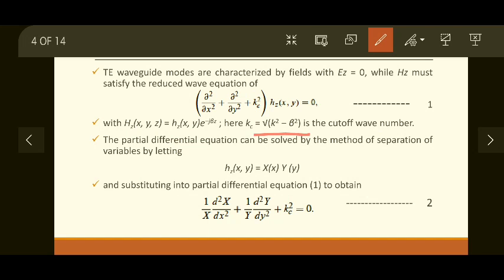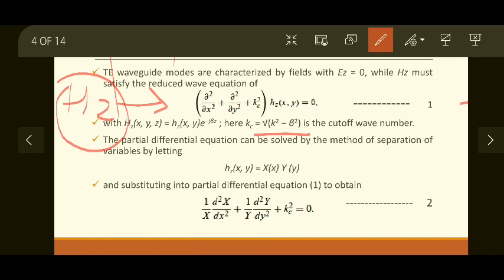Here Hz is given as Hz of x and y, because z is not considered over here, into e raised to minus j beta z, with respect to the direction of wave propagation. So this is the equation of Hz for TE mode, because Hz is not 0 in case of TE mode.